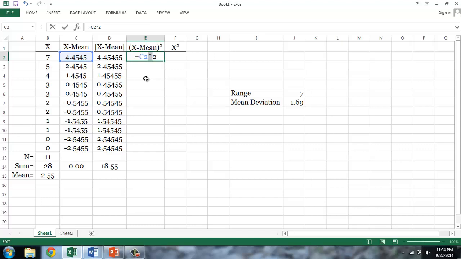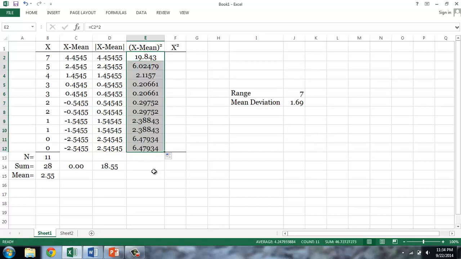It's called a caret, and tells Excel that we want to raise that number to the power of 2, or square it. So 4.45 squared is 19.84. We'll copy this formula to the rest of our values, and then sum those squared deviations.